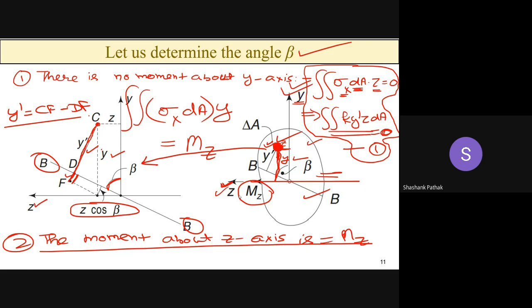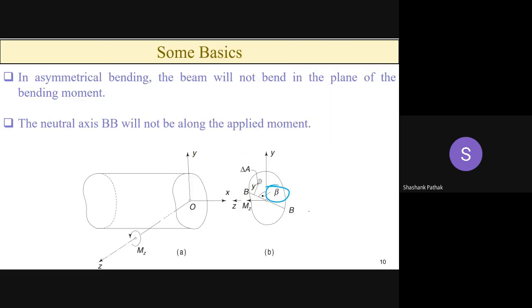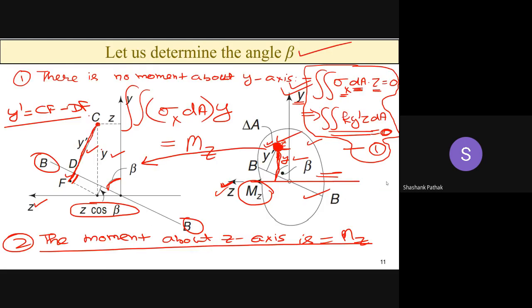So I will stop here. Till now we have determined the angle beta, and we know that the neutral axis will pass through the centroid. We also know that beta equals 90 degrees if it is a case of symmetrical bending. If it is not symmetrical bending, then beta will not be 90 degrees. These are the takeaway messages from this lecture.